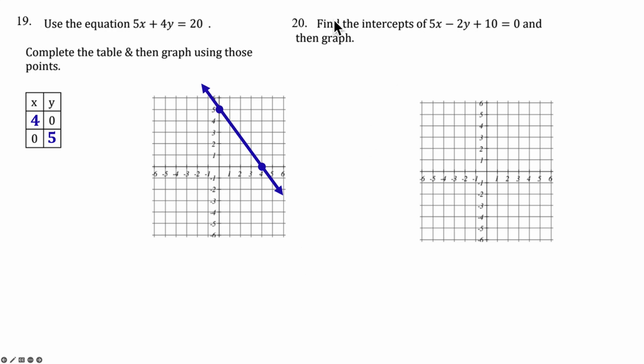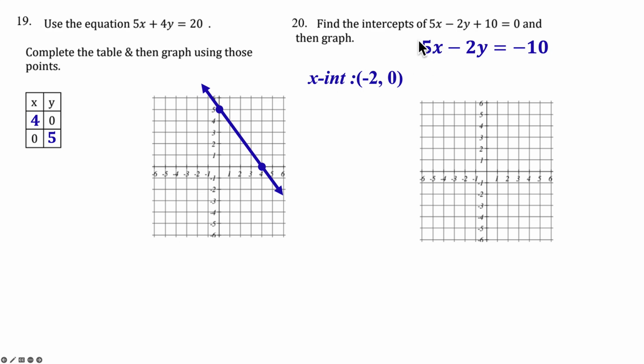Now in 20 here, sometimes you'll see authors use this as their standard form because they like to set it equal to 0. We prefer to have the x and the y on one side of the equation, move the constant over, so we're going to subtract it over, and now find your x-intercept. Cover up the y term. 5x equals negative 10, divide by 5, x equals negative 2, that's negative 2, 0.